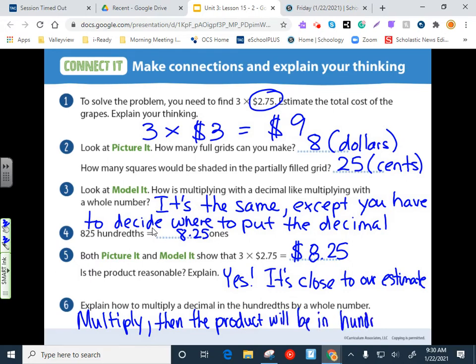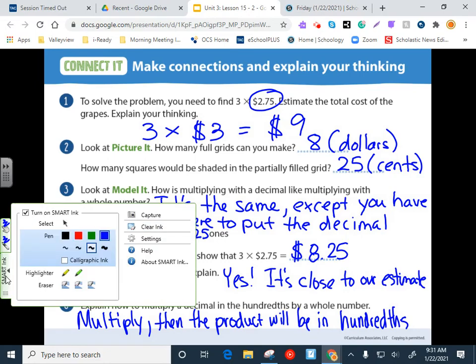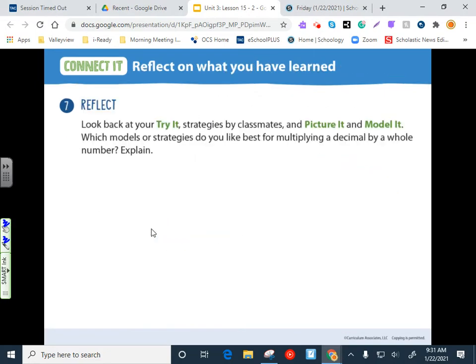Again, depending on your factors, you have to figure out what place value it's in, and then your answer will be in that same exact place value. When we start doing 2 decimals multiplied by one another, I'll re-explain that, and then both place values are considered, but we don't have to worry about that for now. Here's number 7. We don't have to do that one.